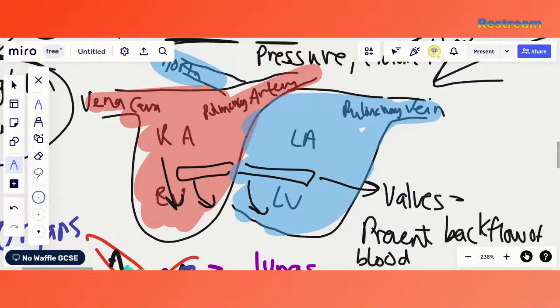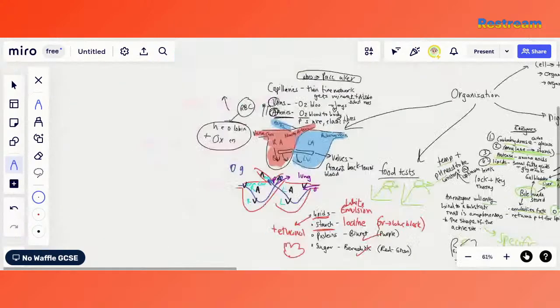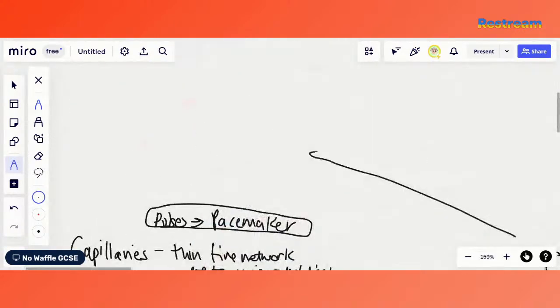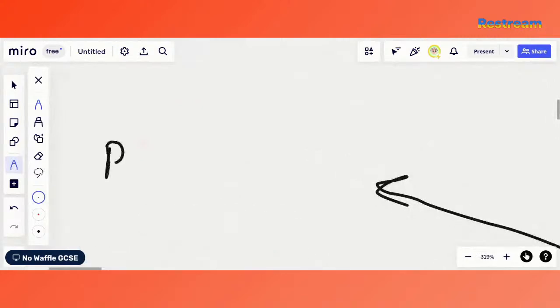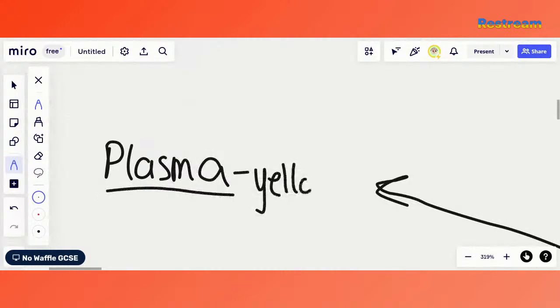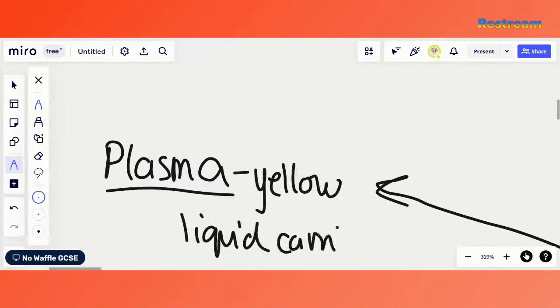Now, talking about the blood and also heart problems, it's important to discuss the blood in this topic. So, as we said, we have something called plasma. Blood is made up of plasma. Plasma is this yellow liquid which carries around all the substances of blood.